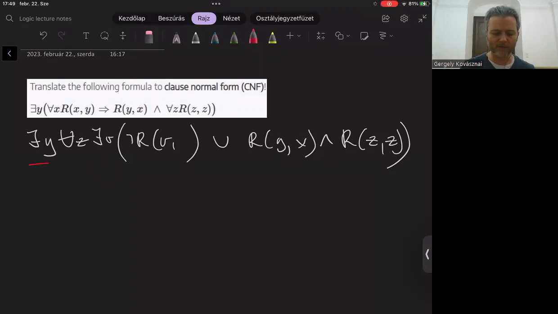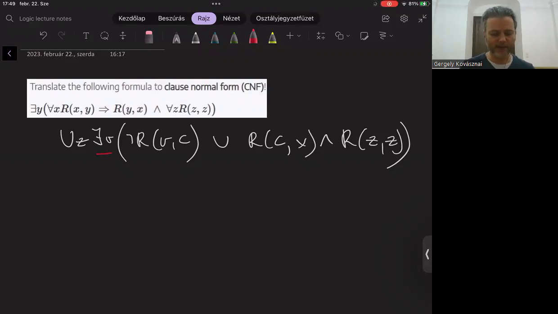So let me call the constant c, and not only here, since y has another occurrence, but also there. And after that, I can remove the quantifier. Now let's remove the other existential quantifier, exists v.